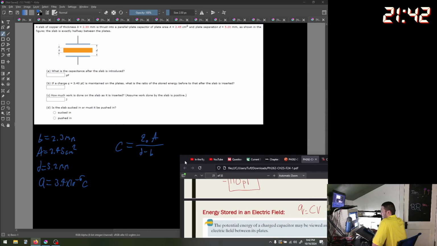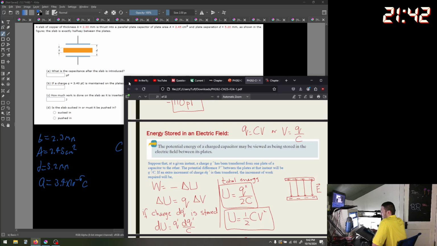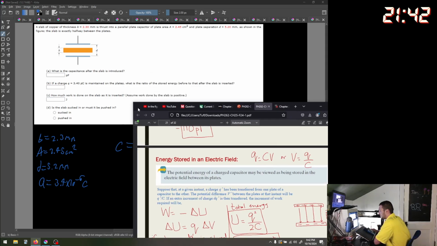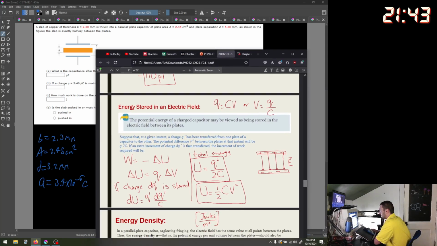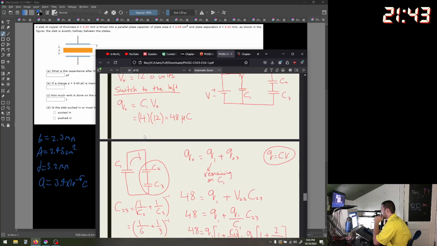We don't have any delta V. So that's energy stored in an electric field. I don't think this is an electric field.